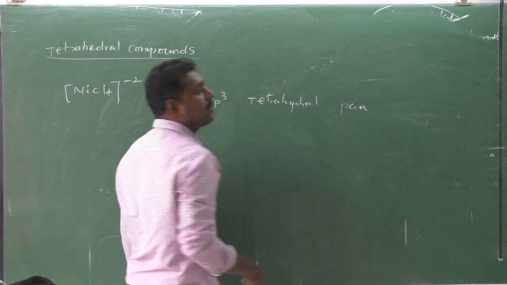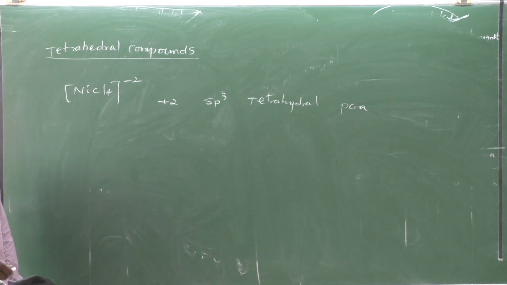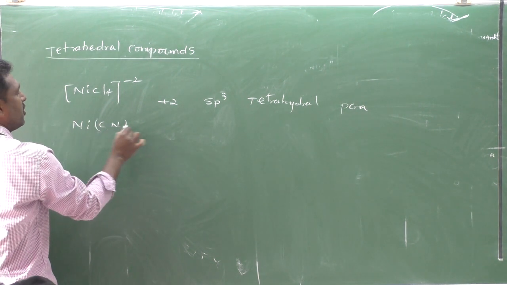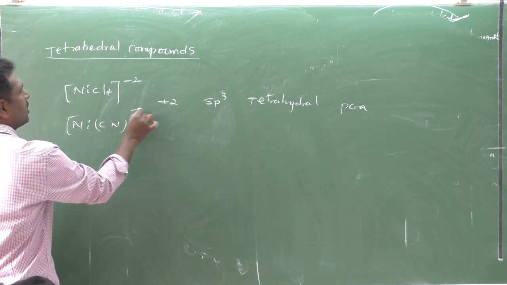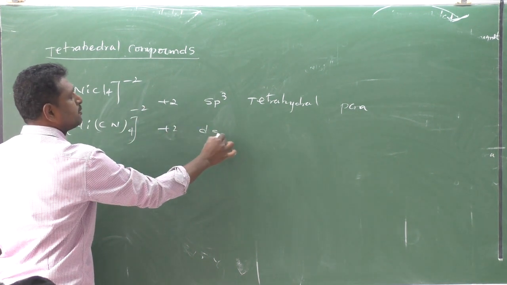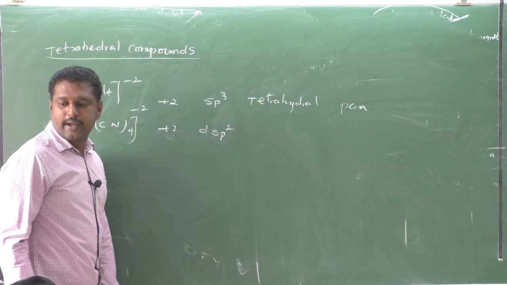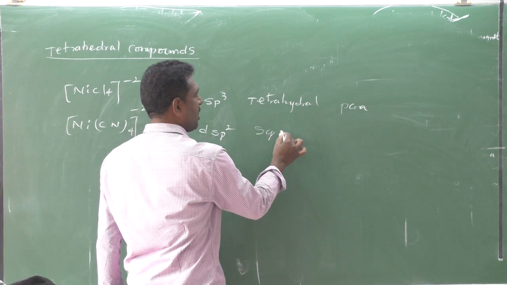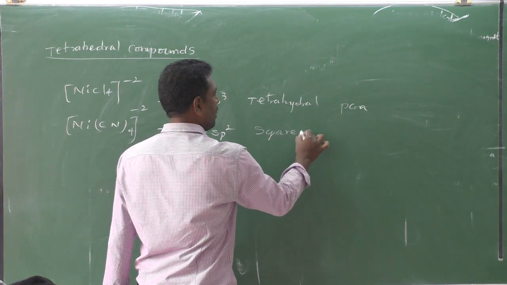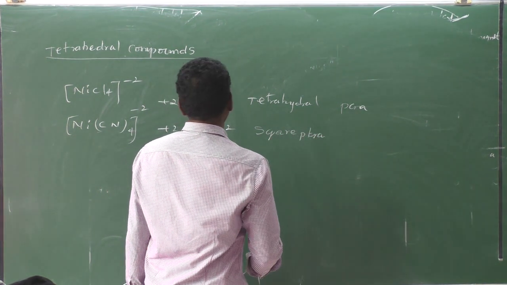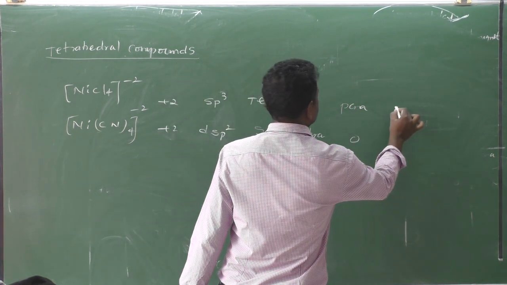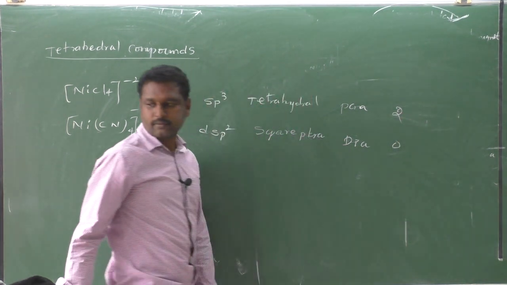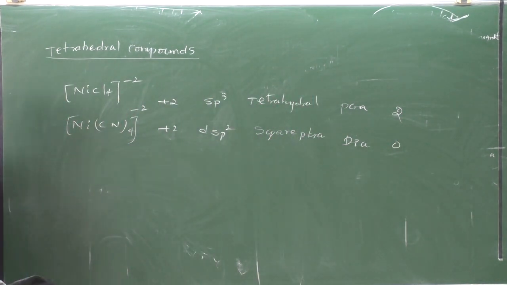I will take one more example: Ni(CN)4 2 minus. Here nickel is plus 2, with dsp2 hybridization and square planar shape, and 0 unpaired electrons, so diamagnetic. In the first one there are 2 unpaired electrons, so paramagnetic.